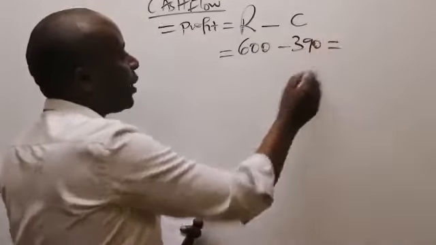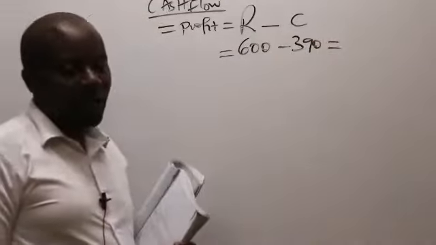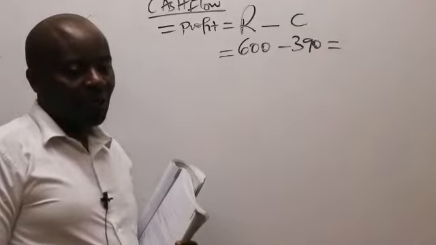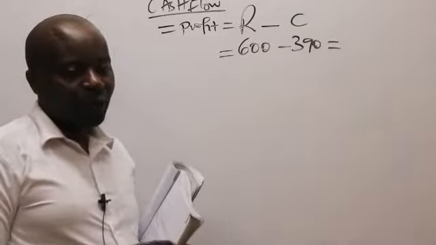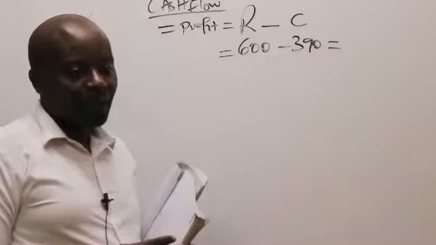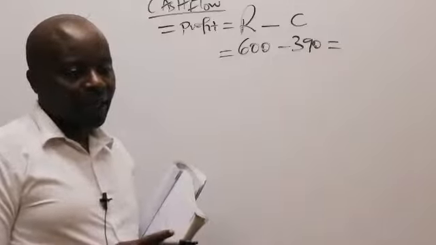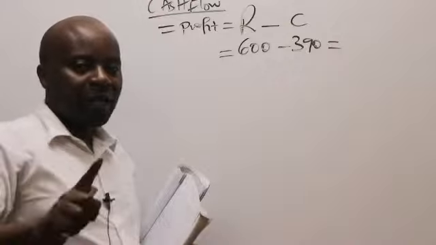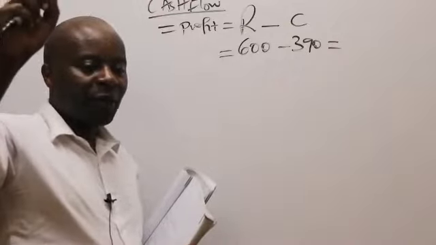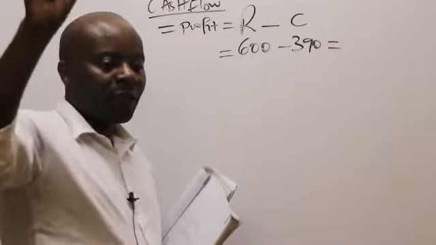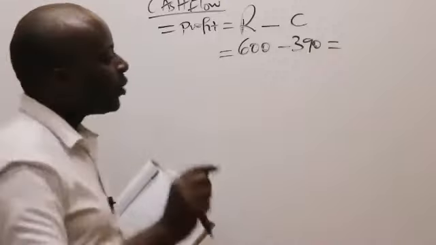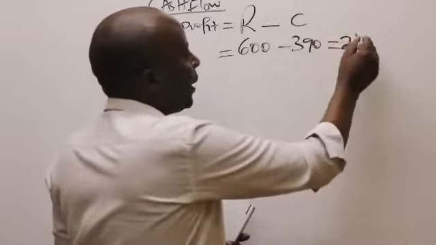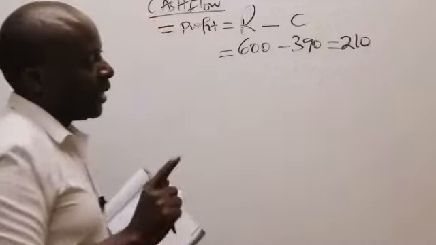So 600 minus 390 gives us what figure? Every year the revenue will be going up by 600, but as the revenue goes up, the cost of sales is also going up. So then the incremental profit will be 210.